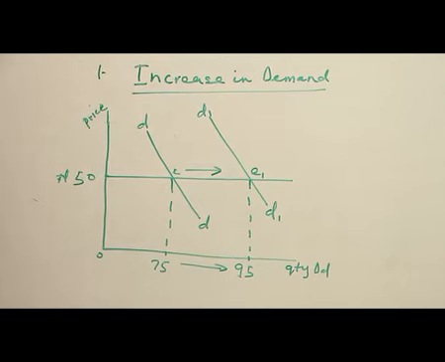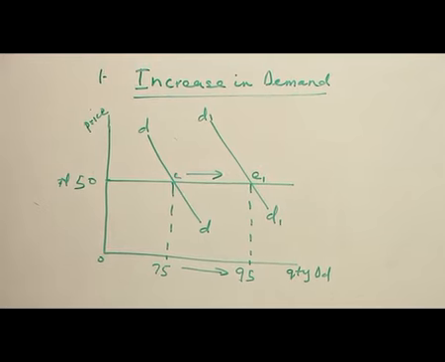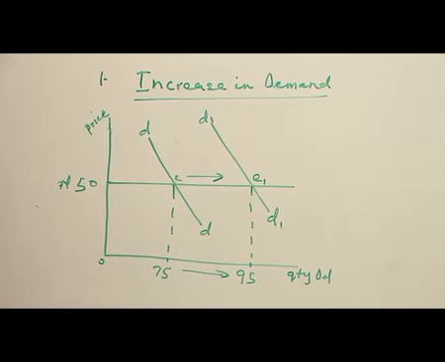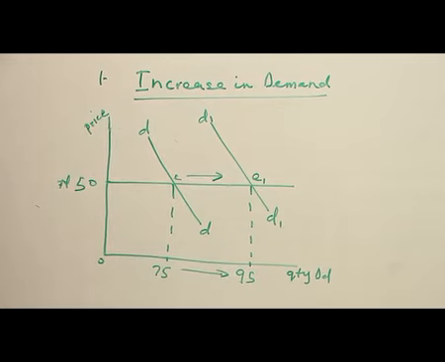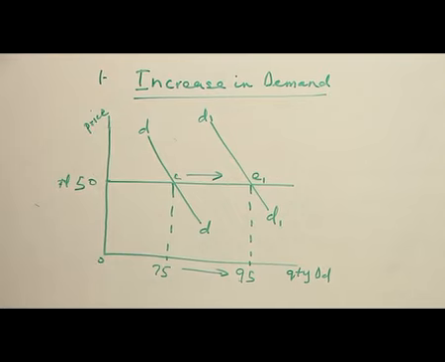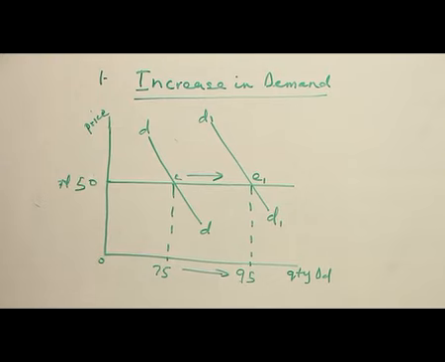Maybe an increase in income of the consumer motivates them to buy more quantity of a particular commodity. Maybe the population in the community or society has increased, so the demand can increase from 75 to 95. Maybe the firm is able to have effective advertisement, so the demand can change from 75 to 95, while the price of the commodity in question is constant.